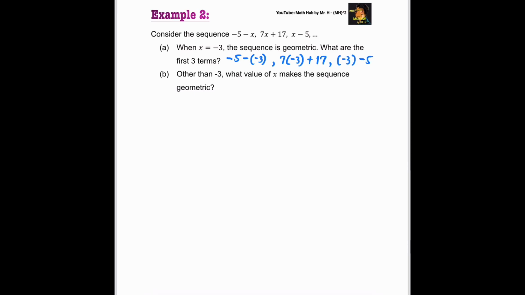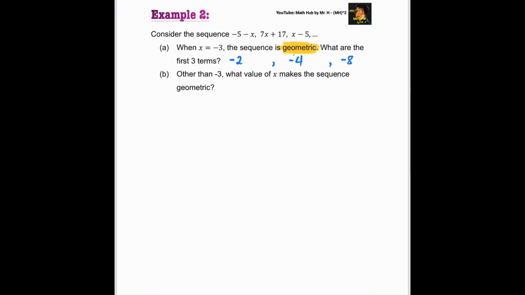Let's simplify each expression. So we'll have -5 minus -3 is -2. Second term will have, so 7 times -3 is -21 plus 17, that is -4. And the third term is -3 minus 5 is -8. Those are the first three terms.